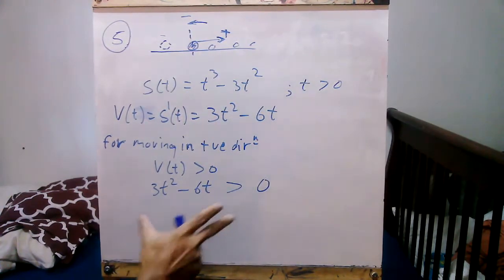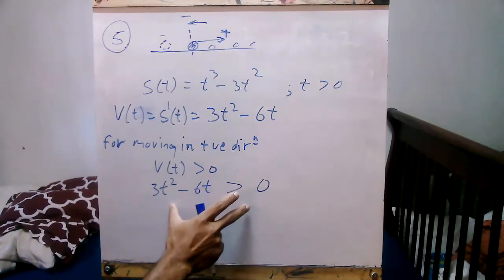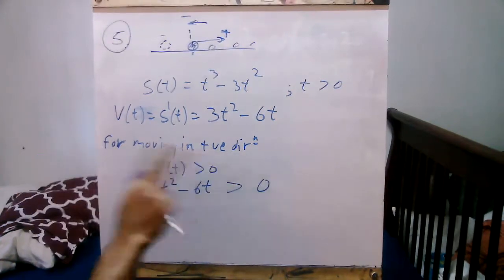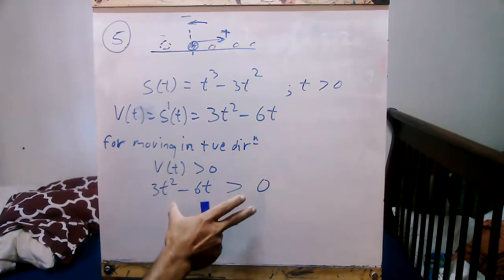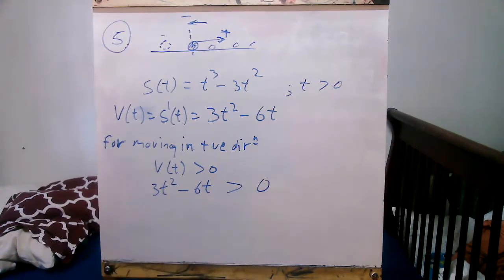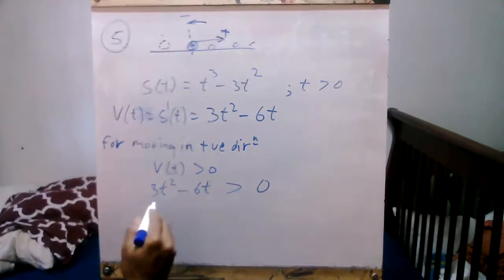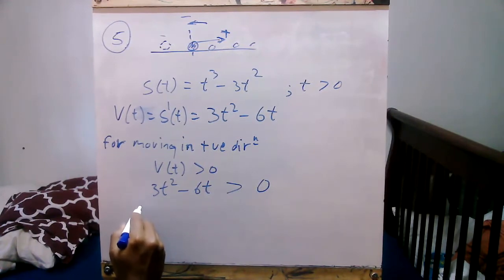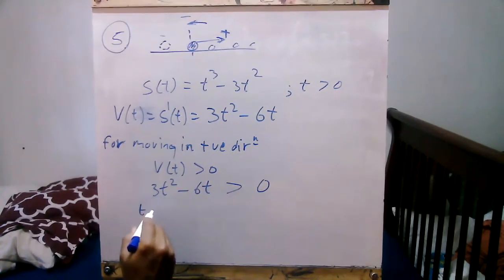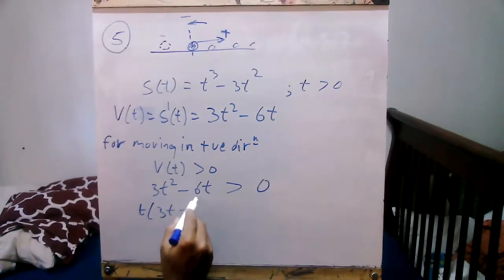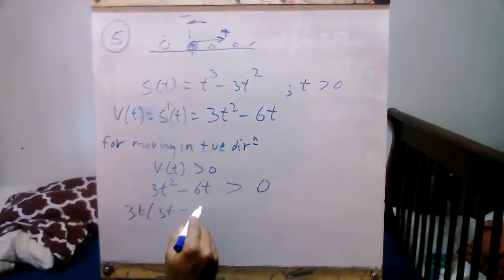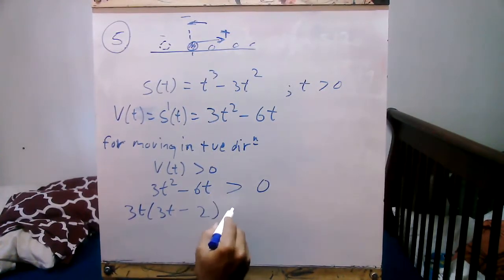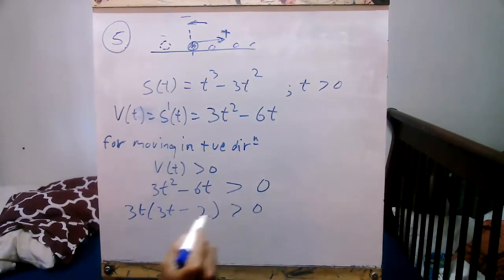Now after we get the condition, you may forget about the problem for a while. Solve this inequality. This is an inequality, so we can take the common factor out. 3t times (t minus 2) greater than 0.